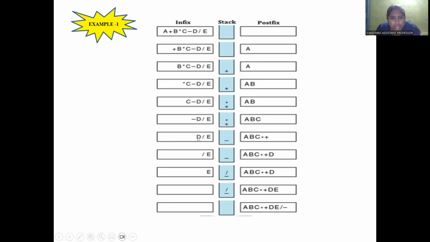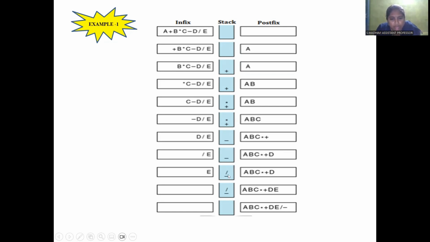Next is D. D is an operand, so you can directly place it onto the postfix. So D has been placed here. Next, we read the character slash, which is a division symbol. When we see it above the minus, the division symbol has been added correctly, because a higher priority can be placed over a lower priority.